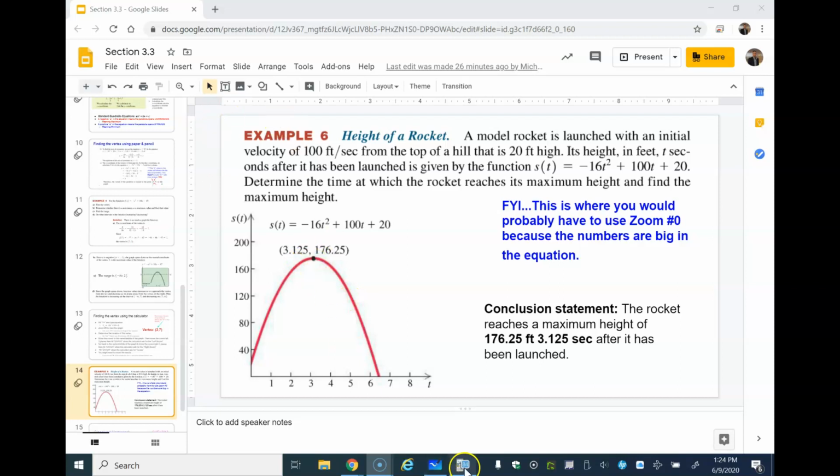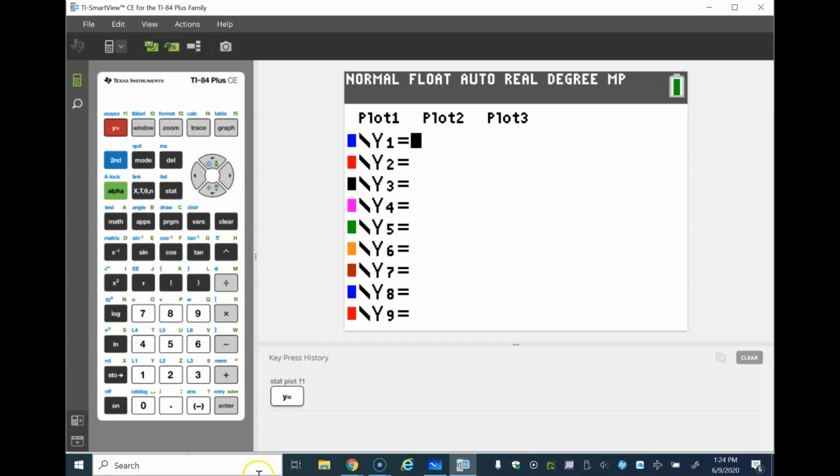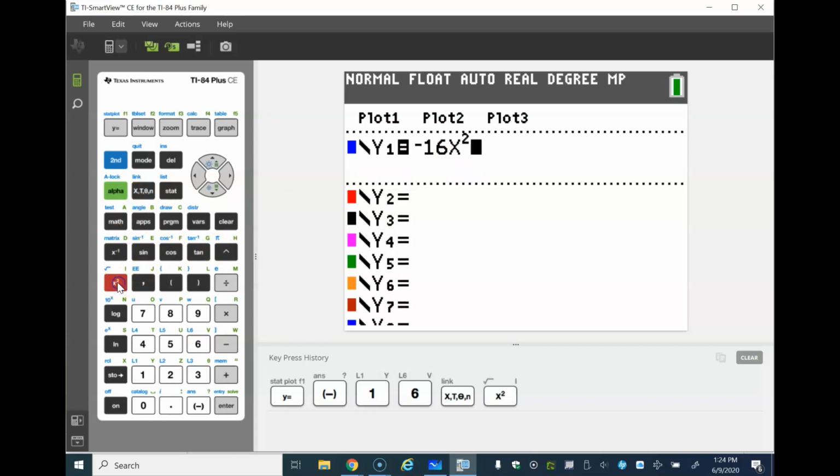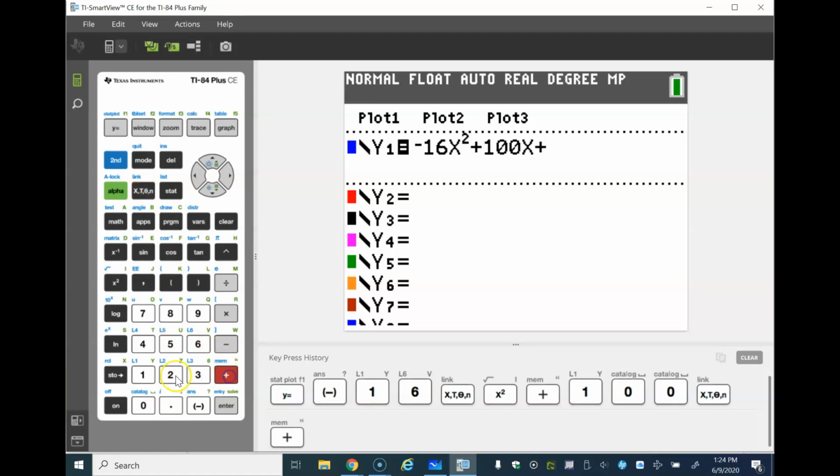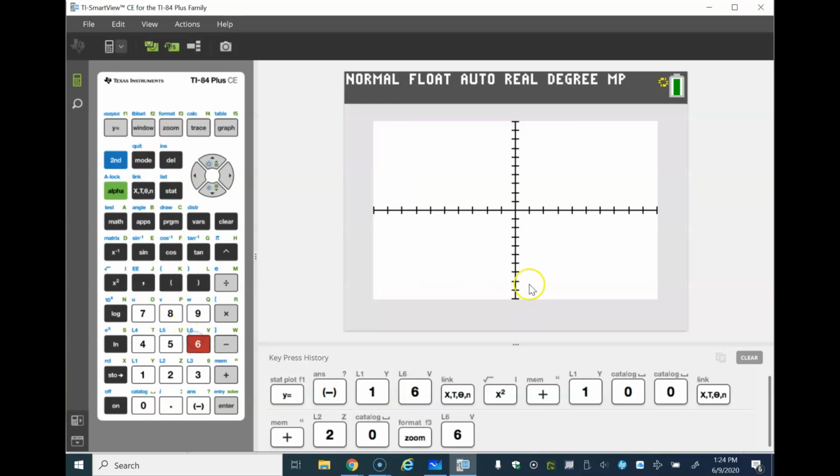So we're going to go to our calculator, hit y equals. Let's type in the equation, -16. Now they use t, but you always have to use x when you're doing it in the calculator. So for any variable, always use the x. Plus 100x plus 20. Then we're going to hit zoom 6.